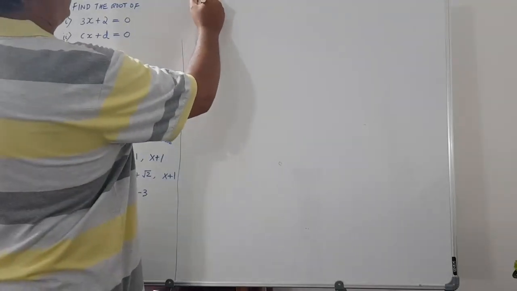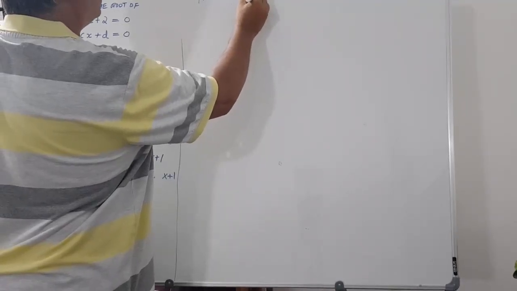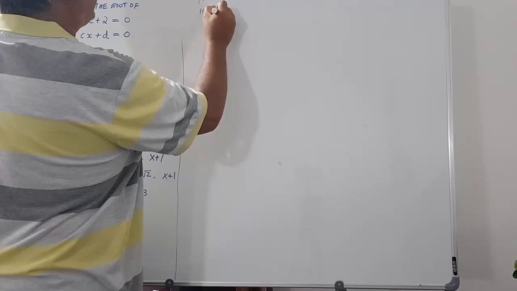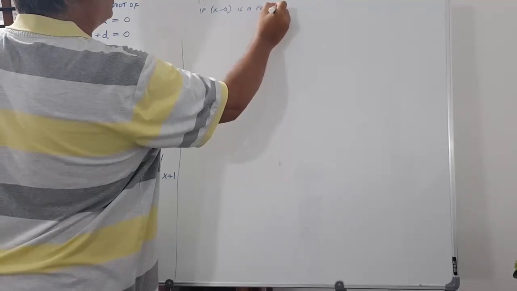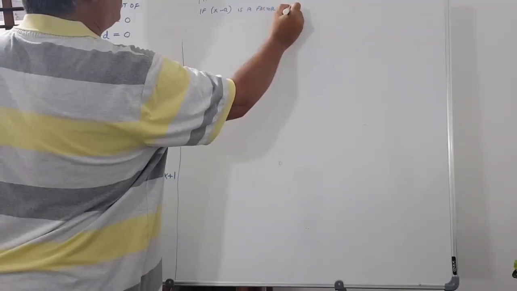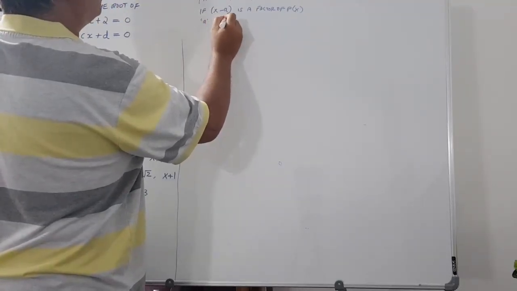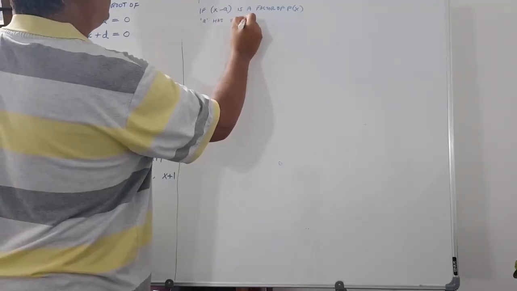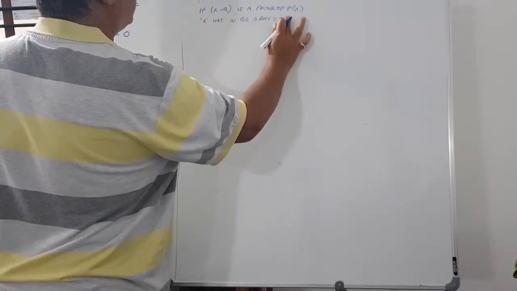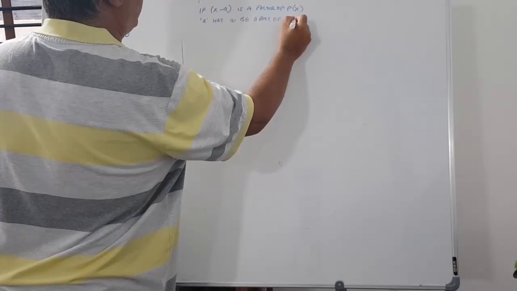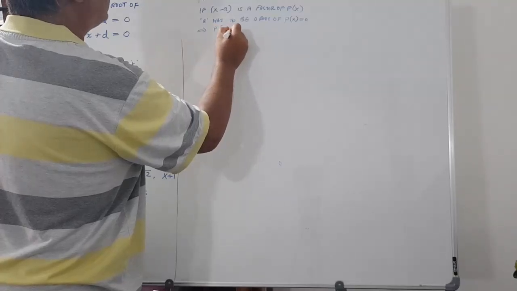So again, using the factor theorem, right, if x minus a is a factor of p of x, then a has to be a root of p of x equal to 0, which implies when I substitute a instead of x, it should give me 0.